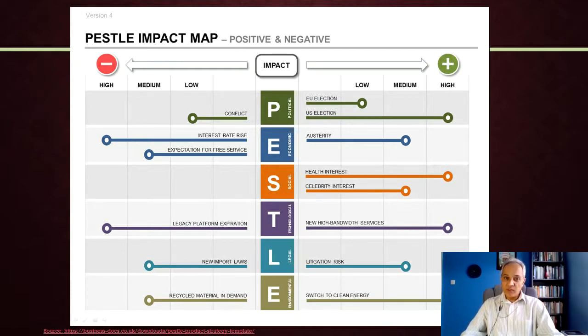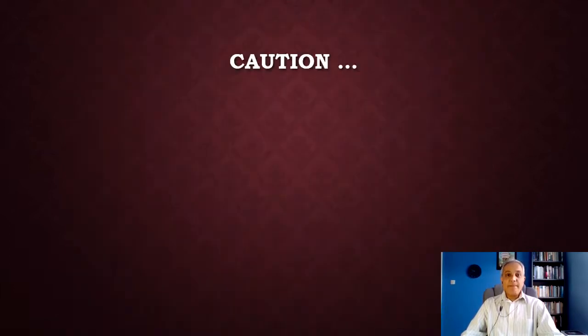So both are coming together here, the visual and the signal of which is most important for the industry and the company that you're analyzing. A few cautions. These are some of the standard questions I get asked around using Pestel, as well as some of the other broad external analysis tools.